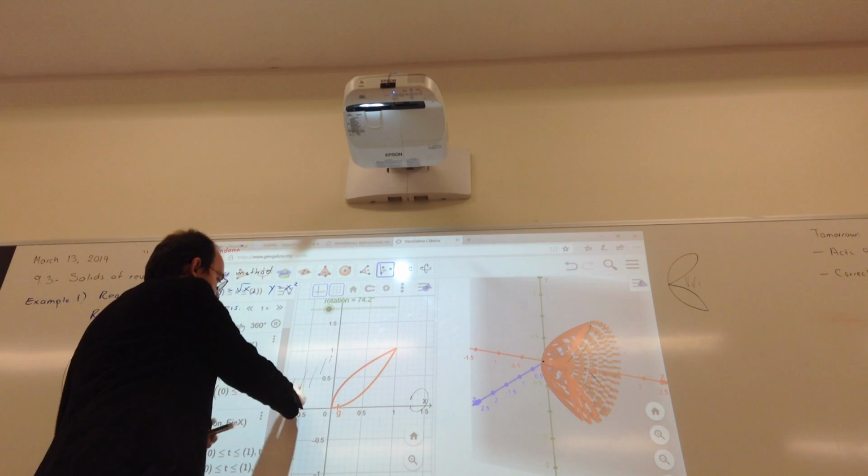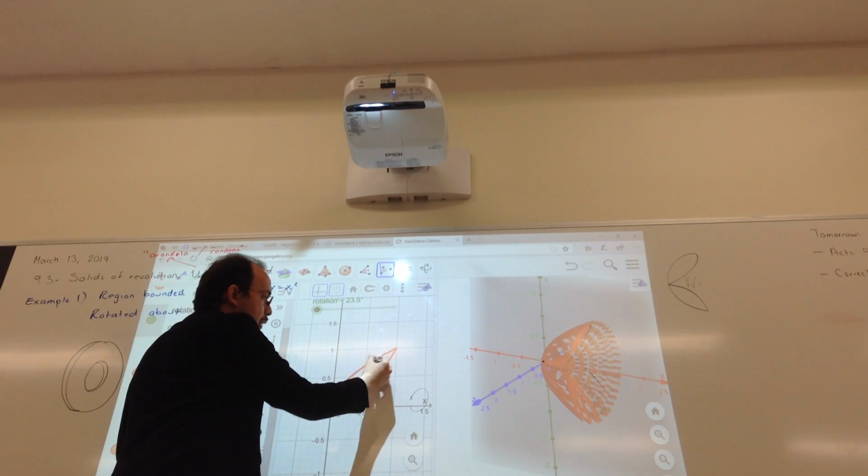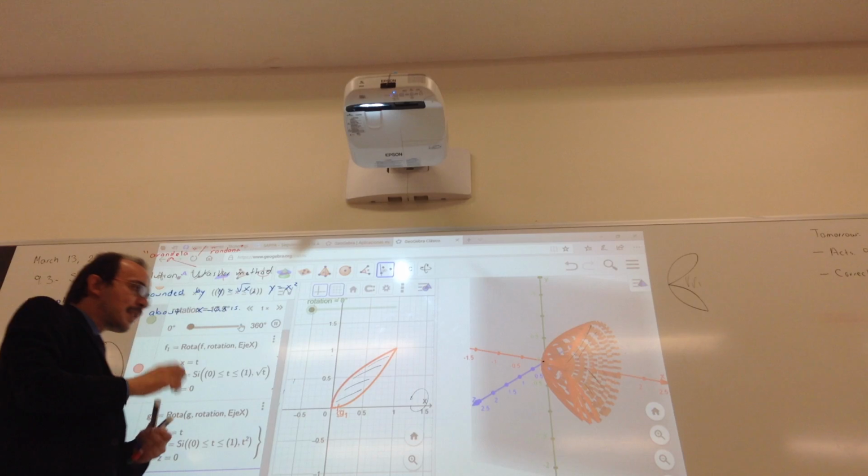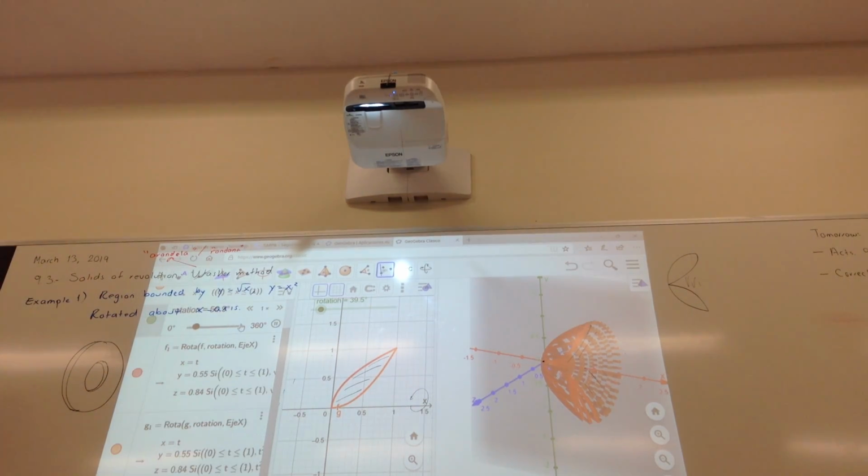Because in this case, if this is my area, what will be the rectangle? It's going to follow the same rule as with the previous method. The rectangle has to be perpendicular to the rotation axis.